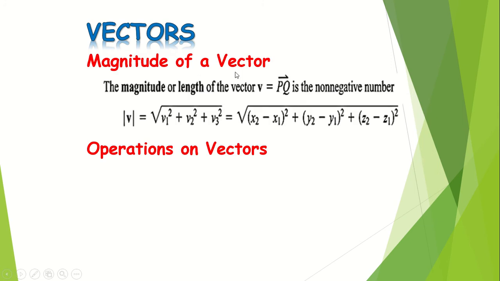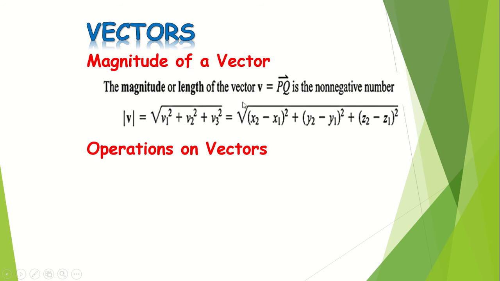And the magnitude of a vector. These are the calculations. When you calculate the magnitude of vector v, it is the square root of v1 squared plus v2 squared plus v3 squared. This is the square root of the sum of the squares of the three components in this case.